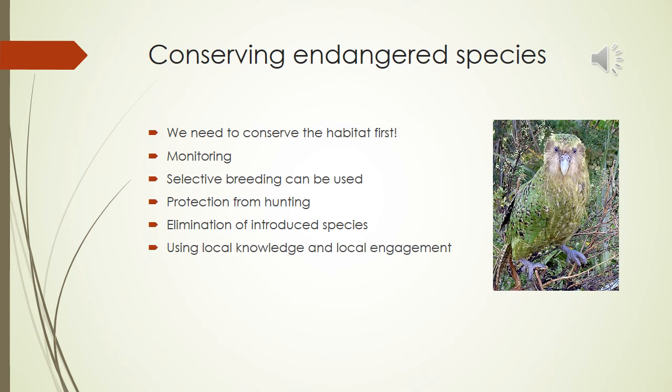And last but not least, we have to use the local knowledge of people who live there, who know the forest, who know the species, and use their knowledge and engagement to help protect the species. If all these things work, we can pull species back from the brink of extinction. But again, it really only helps if we have a habitat where they can live. This brings us back to national parks and protected areas.